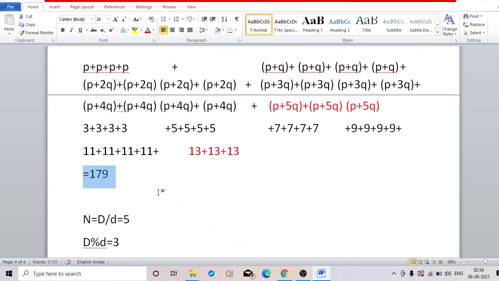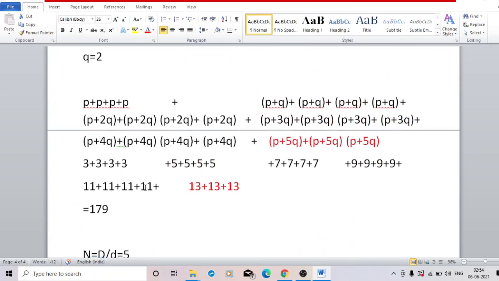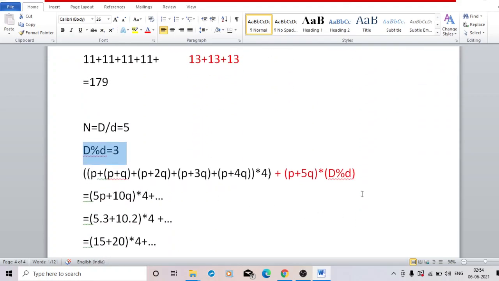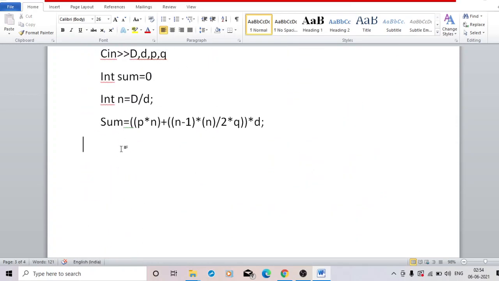Okay. Now here, there is a remainder of 3, because 23 by 4 will give a remainder of 3, and I have to multiply this 3 with P plus 5Q. See here 5, so it is n. So actually I have to check after doing that if D mod d is not equal to 0.